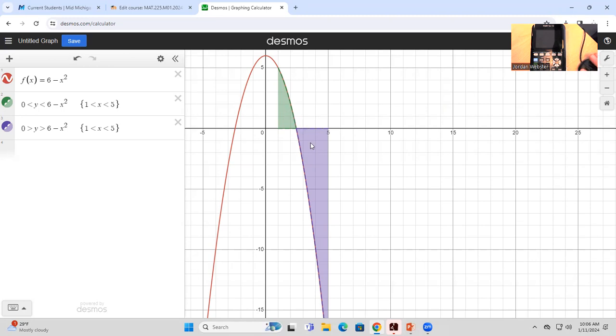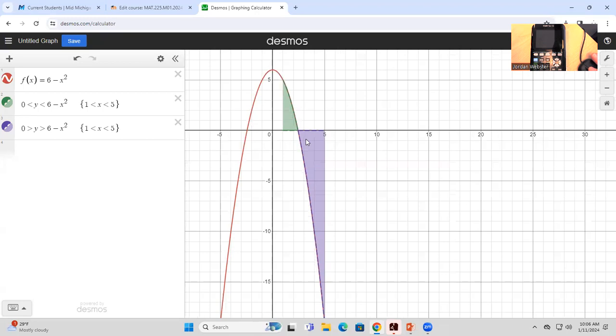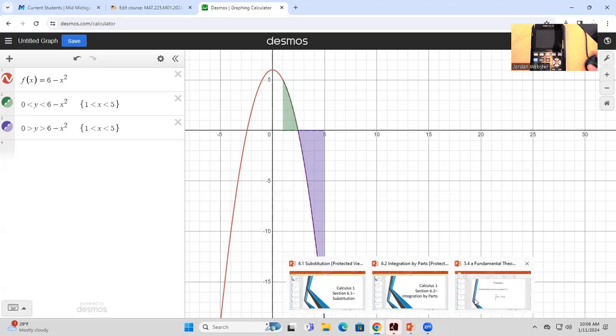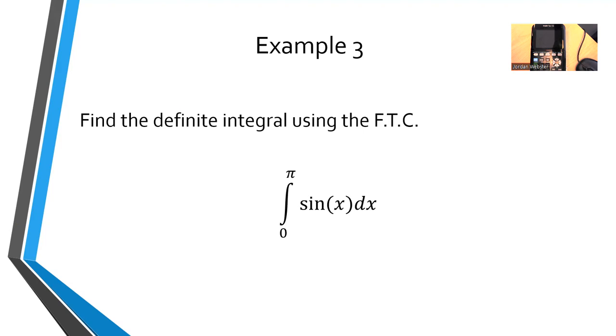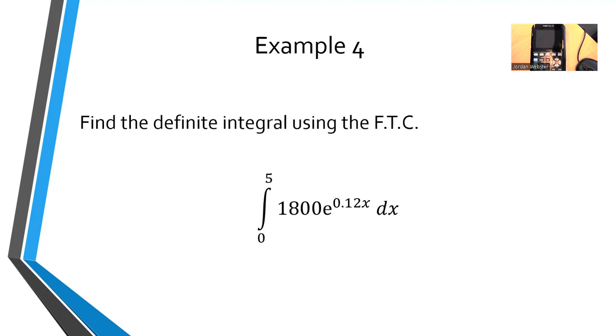And so it's perfectly okay to get a negative value when you use the fundamental theorem of calculus, because we can have negative signed areas, right? So it is okay to get a negative value out if that's what we're supposed to get. So if we go below the curve, we might get there. Okay.